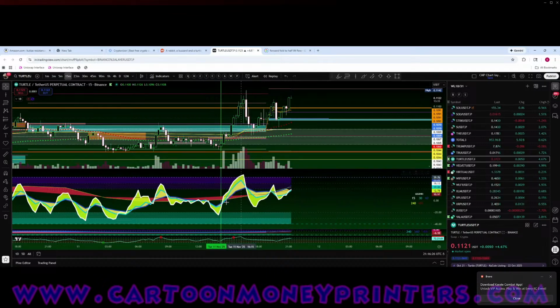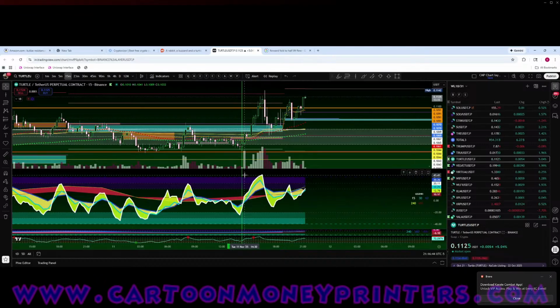One thing I am looking at with Turtle is that the ribbon went way overbought right here. I don't think the ribbon is going to outdo this. It's just a nuance: if I'm trading off a certain ribbon and that ribbon has already gotten way overbought or oversold, it went over the overbought zone.